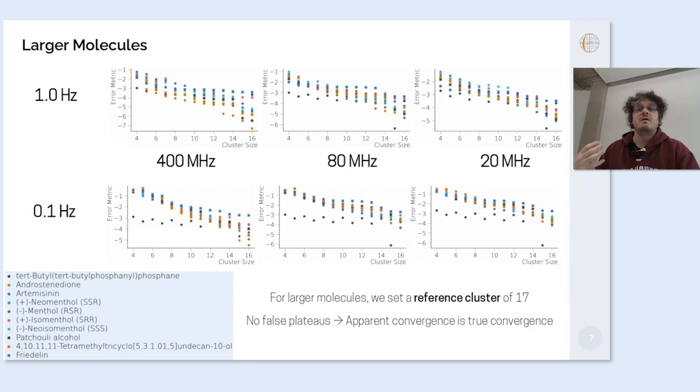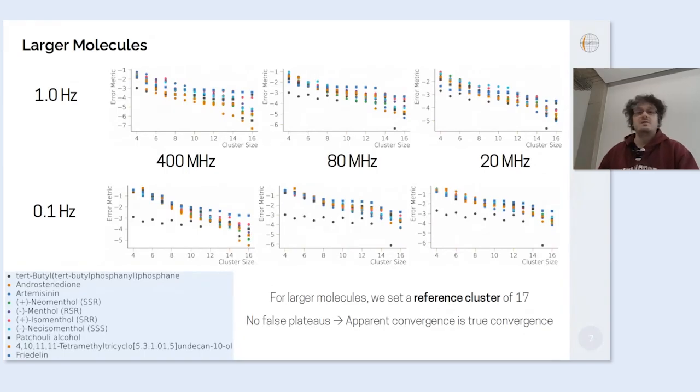If we then compare our approximations at lower cluster size to this reference size, and we see small values of the error metric, it means the spectral function is settling down as we take bigger clusters. And if we then assume that this means it is settling down to the correct solution, which is hopefully a good argument as long as there's nothing weird about this molecule, then okay, we have our answer.